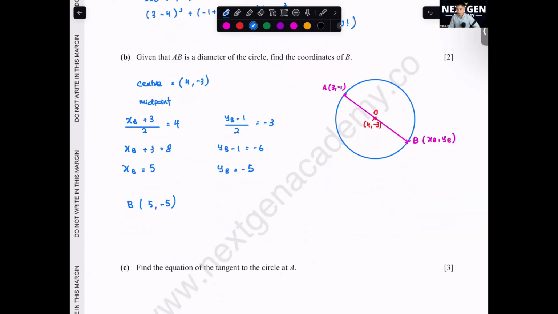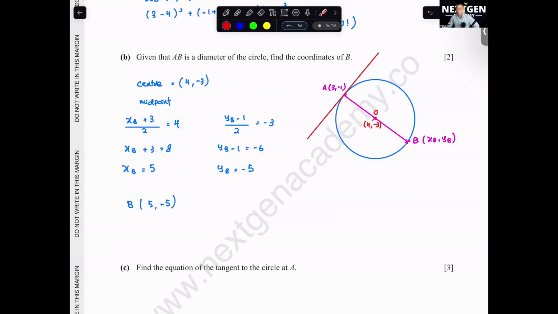The last one. I think just now some of you were asking about this, the last one that you had issues with. Find the equation of the tangent to the circle at A. How do we find the equation of a tangent? What is the relationship between the tangent and the circle, and maybe also this line, because we already found the diameter?